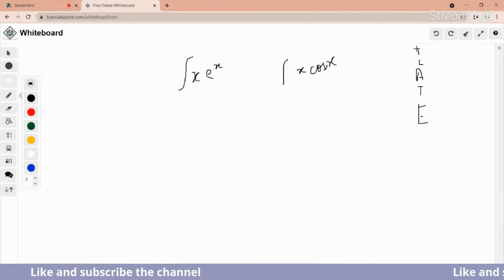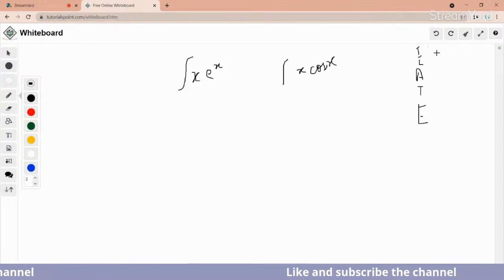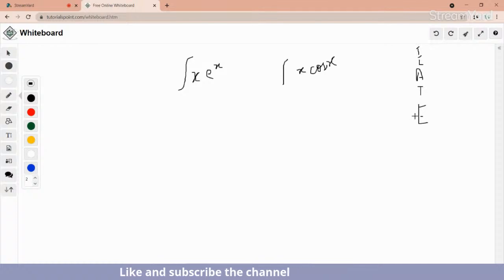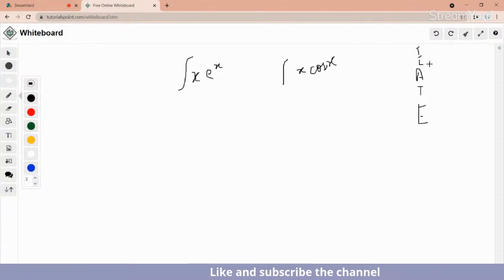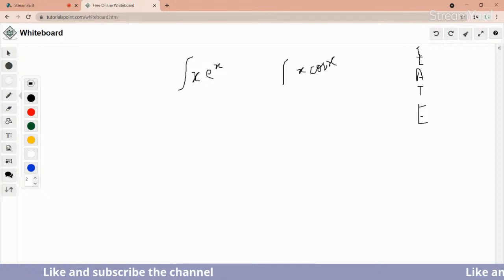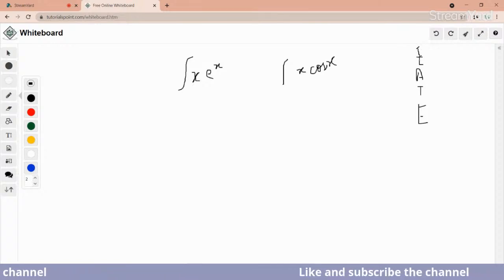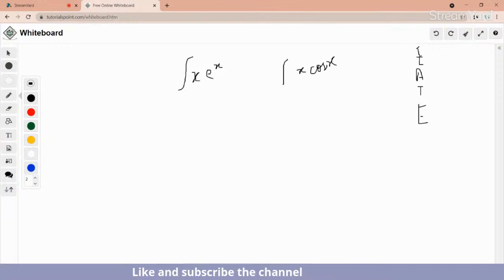Here, E means exponential, T means trigonometric, A means algebraic, L means logarithmic, and I means inverse.